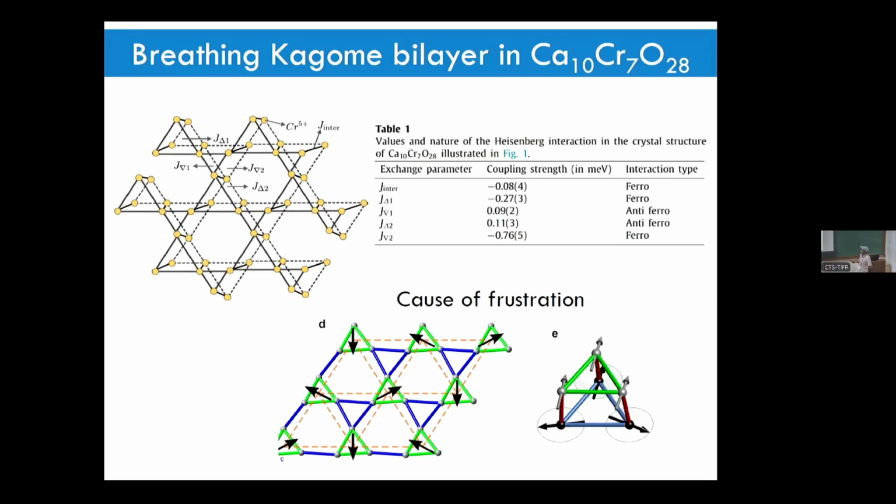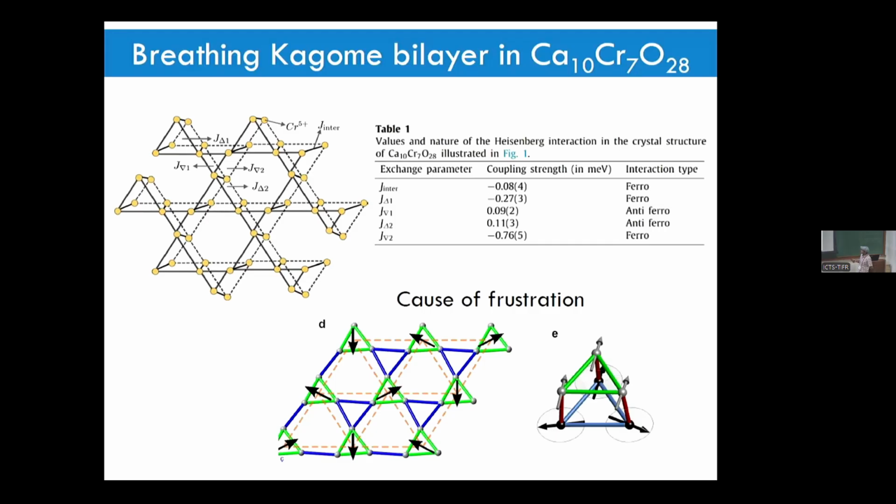Now, we have done inelastic neutron scattering on a polarized state of this material and extracted the exchange parameters. So I'll tell you already why this material is frustrated. So the strongest interactions are actually ferromagnetic. The down triangle in the bottom layer and the up triangle in the top layer are both ferromagnetic and strong.